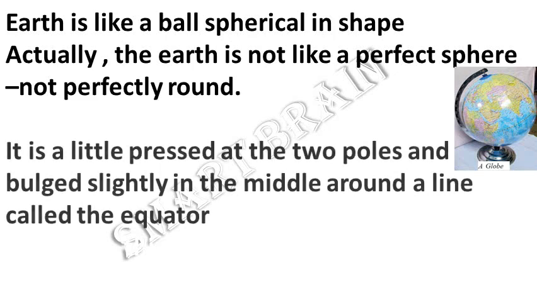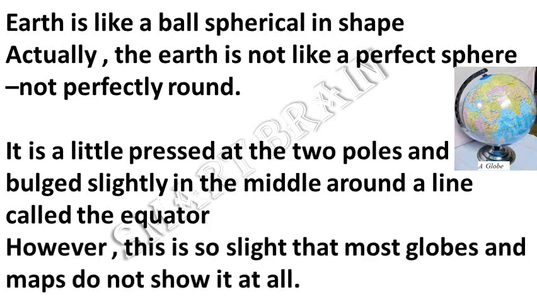It is a little pressed at the two poles and bulged slightly in the middle around a line called the equator. However, this is so slight that most globes and maps do not show it at all.